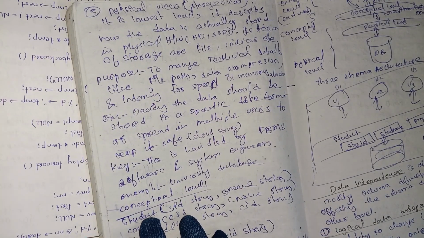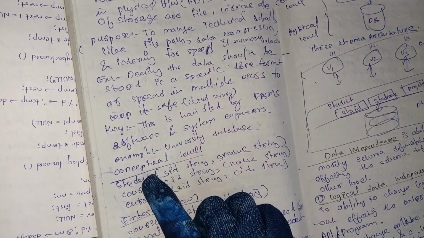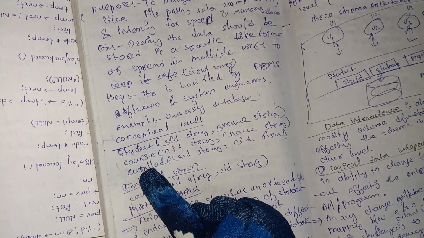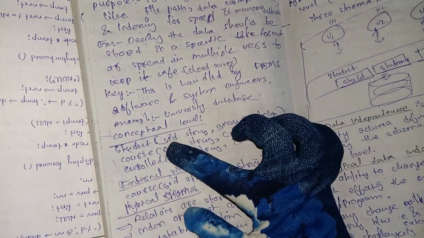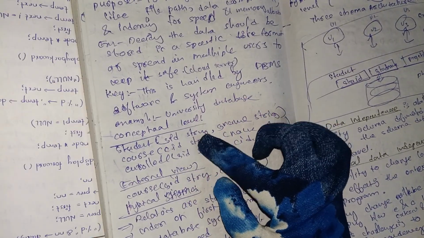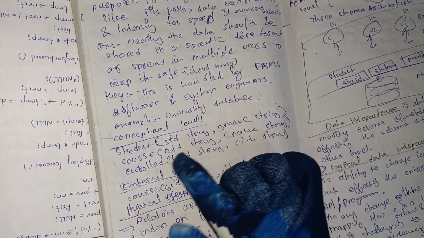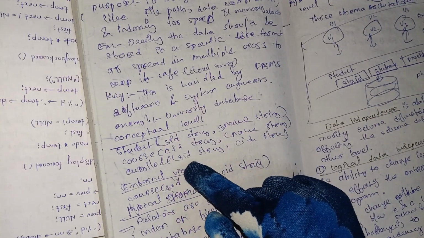Here is the university database example. At the conceptual level, we have three tables: student table, course table, and enrolled table. They contain SID, any string, S name, any string, and CID, any string, C name, any string, and CID.